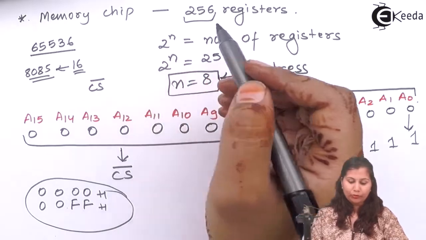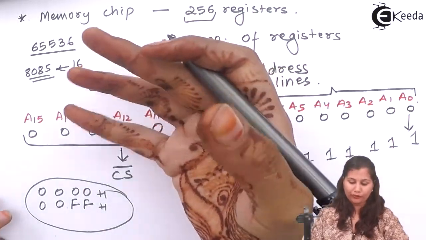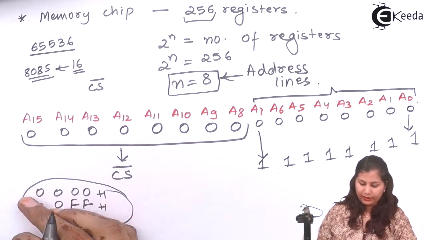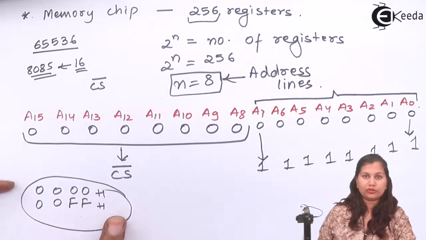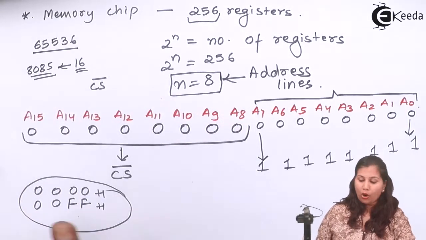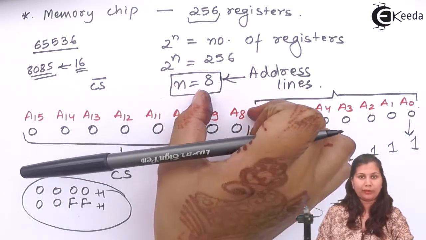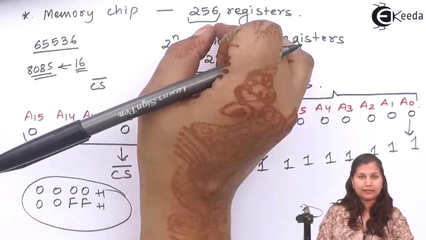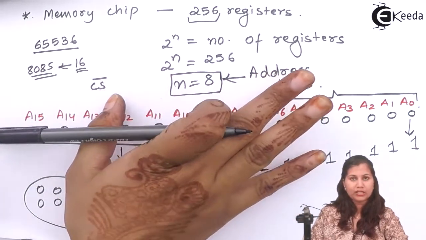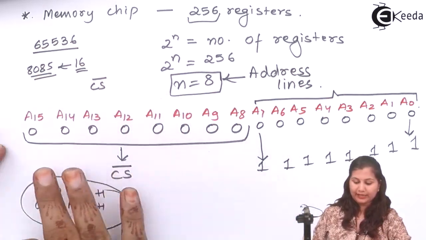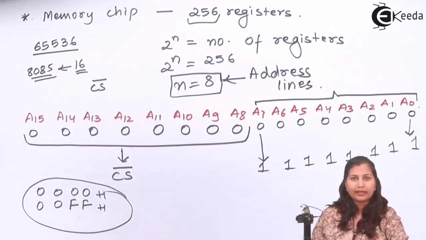In this way we can calculate the address range of a memory chip. All you have to do is first identify how many address lines you require to address this memory chip. Then out of 16 you have used 8 address lines, so the remaining lines are connected to the chip select signal, and then check the address.